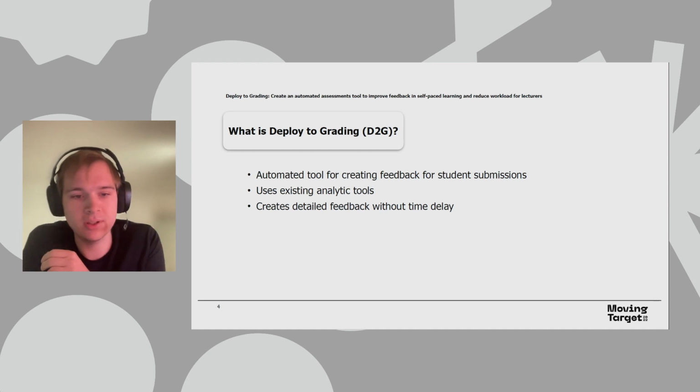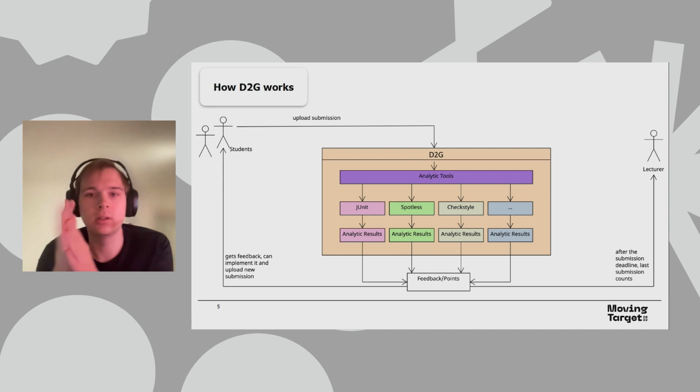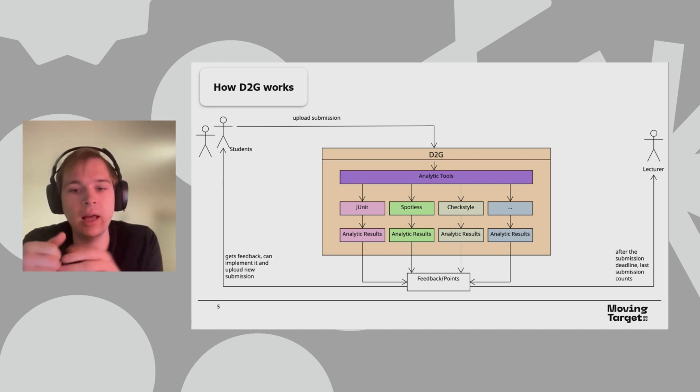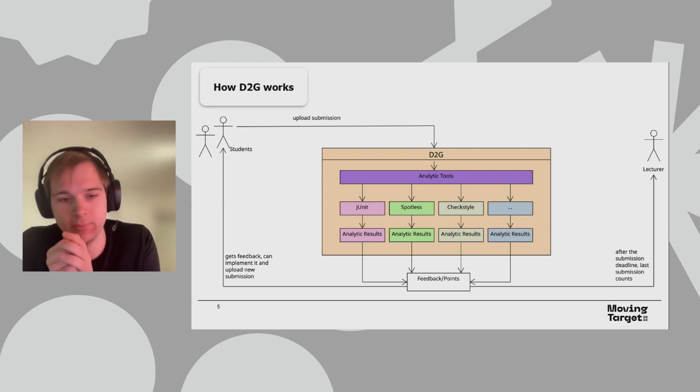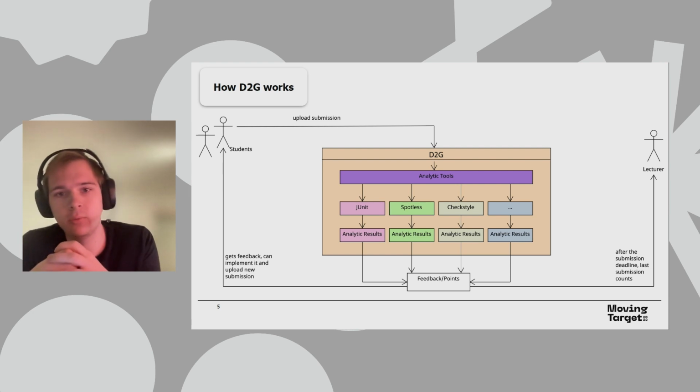So how does the system work? Next slide, please. And we have a little picture. First of all, the students work on the assignments and upload them to the deploy to grading system. The system then uses the configured tools to grade the submission. We use different tools to analyze different aspects. For example, in software development, we can use JUnit to check the functionality of the submitted code.